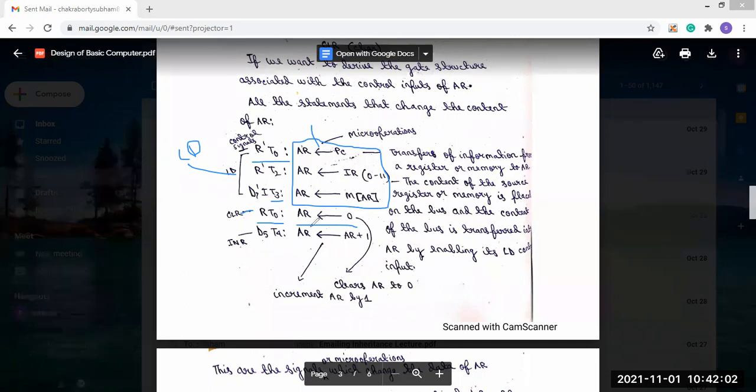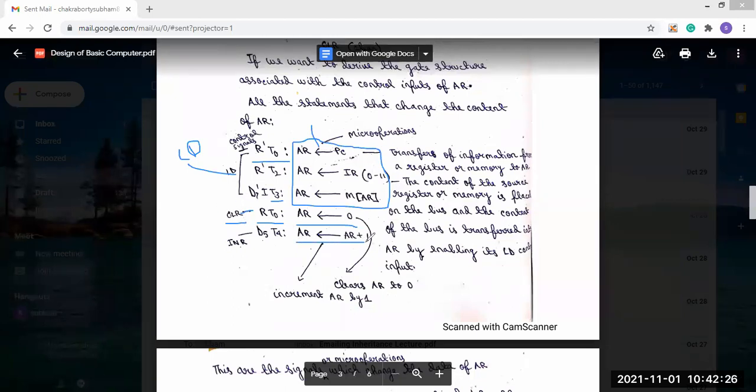So the address register is reset at T0 timing signal, which is associated with CLR, that means clear the register.